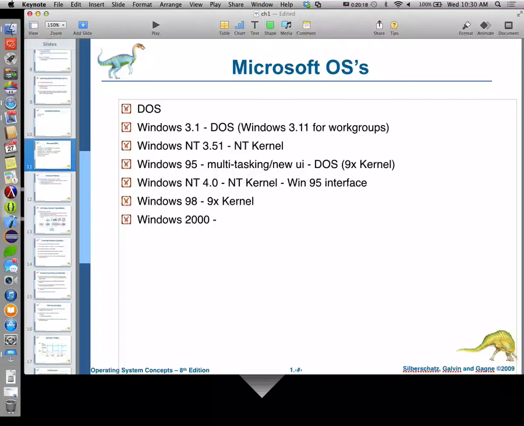One would think it's still the same, because they don't update. If you look at all of these things here, Windows NT, we always use the word NT, all of those had NT kernels. Everything else that had numbers next to it was the 9X kernel. Windows 2000 was the NT kernel.